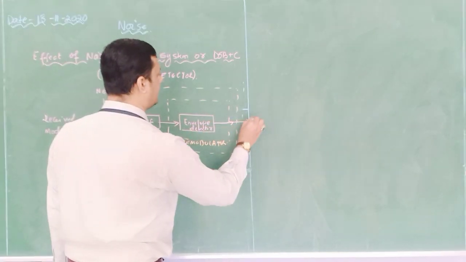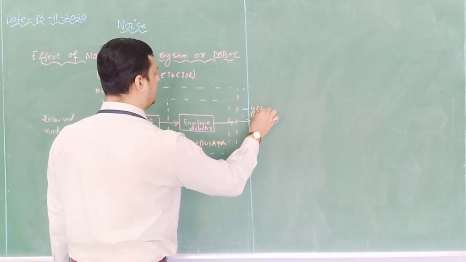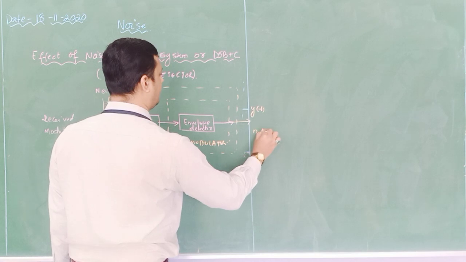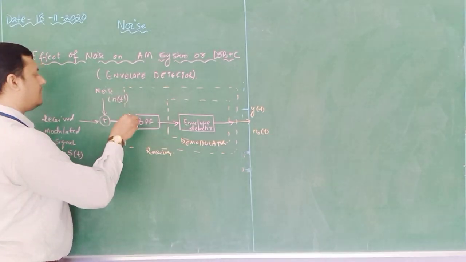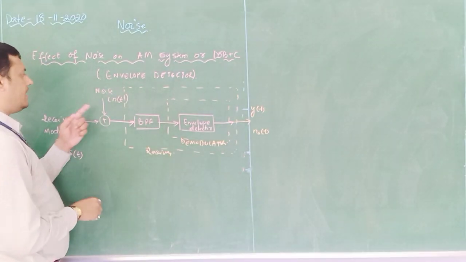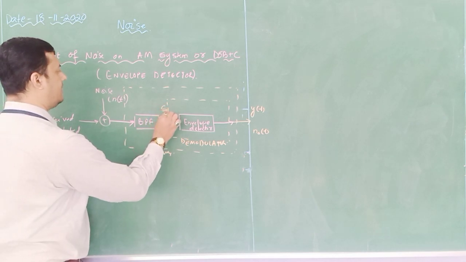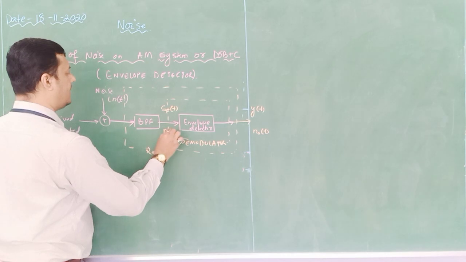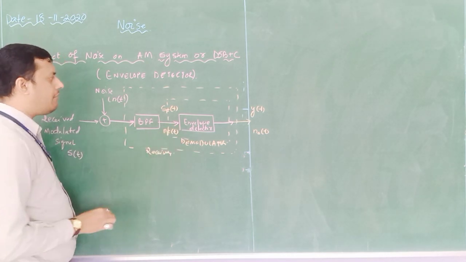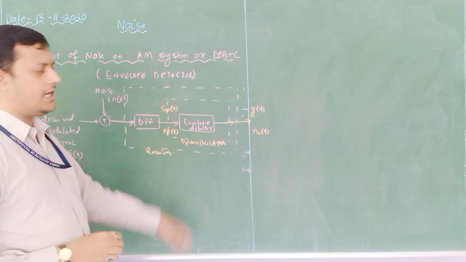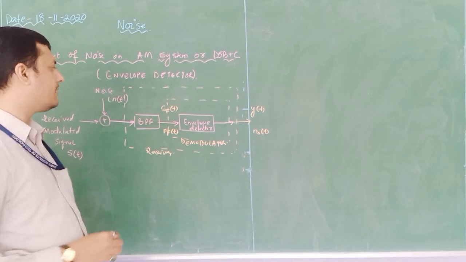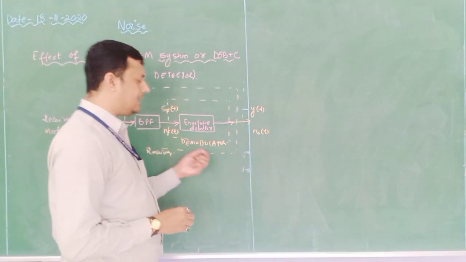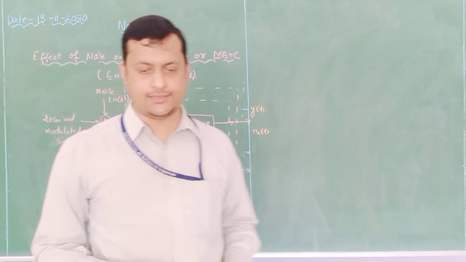Here we will determine y of t and n naught of t. Since S of t and n of t are entering, we will provide S of t and n of t added value to the envelope detector. Step by step we will see how we can analyze all these things.